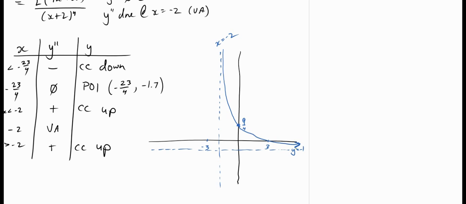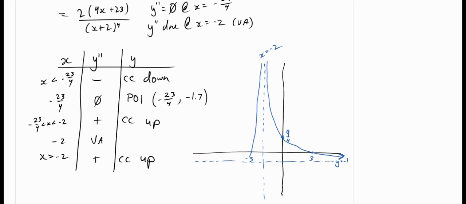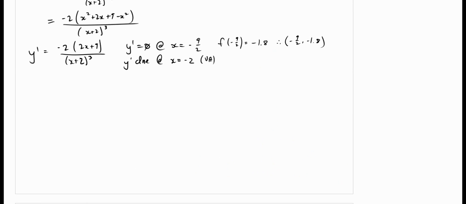The other one, put your pencils down and watch. Approaches from above, cuts through this intercept, approaches the other one from below, and as we just saw, there is a critical value, which means a local max or a local min, right?